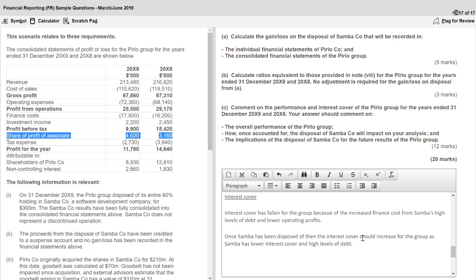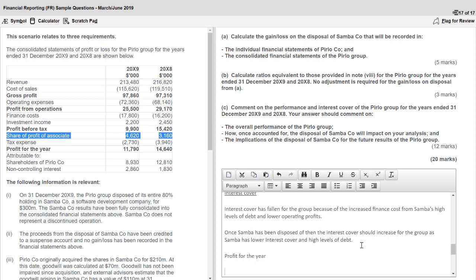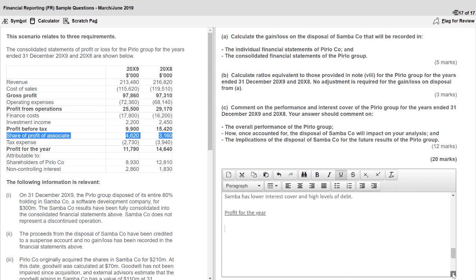So how would I ensure I get that in? Well, what I would do is talk about your profit for the year. You may even wish to talk about that overall at the start, but that's up to you. So what's happened with my profit for the year?